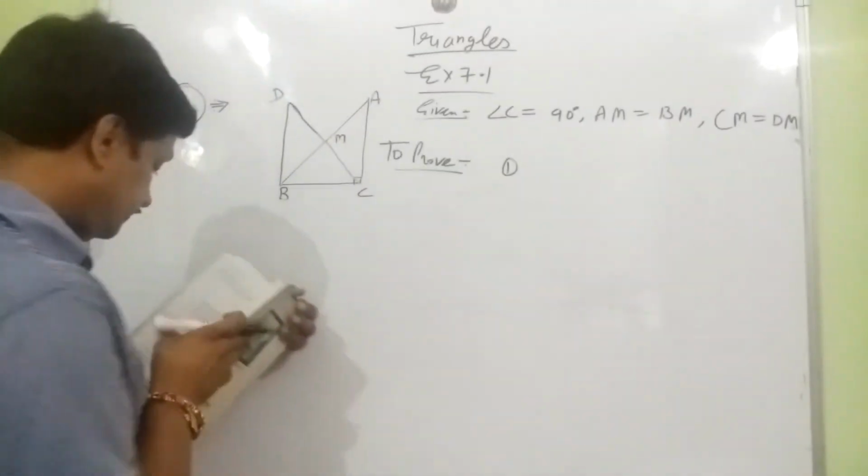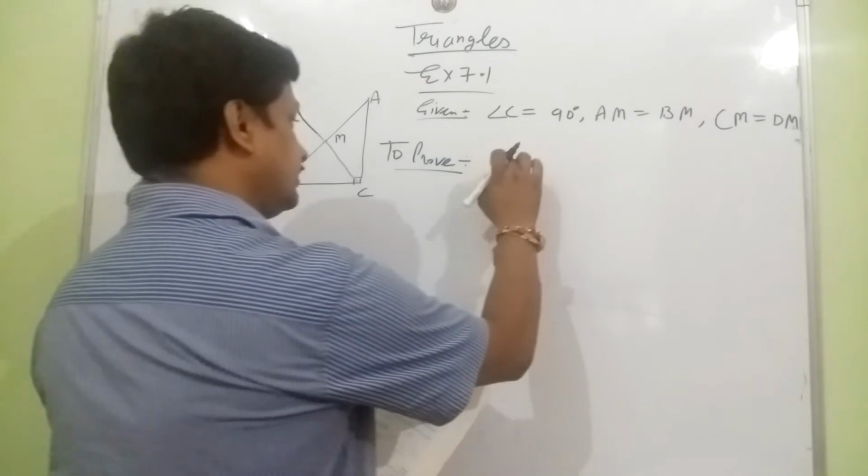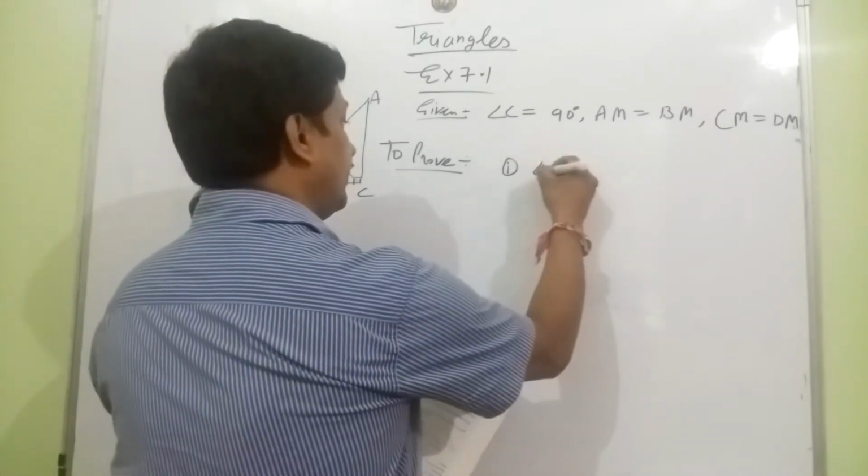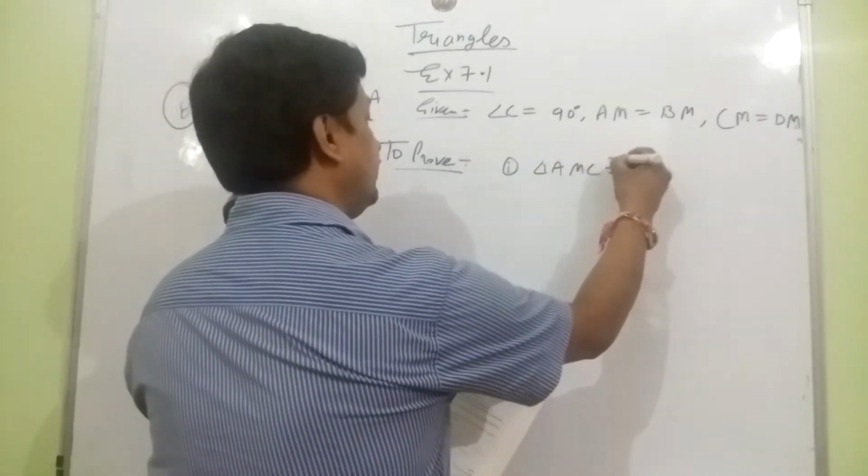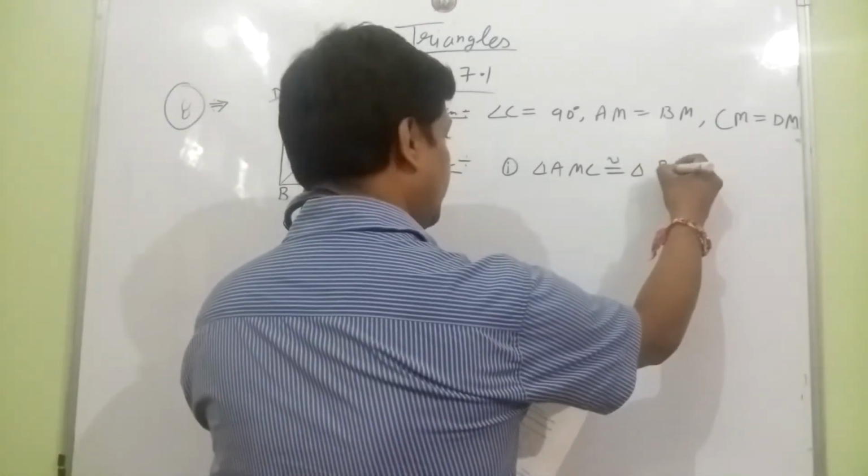Now the proof. What is to prove? First thing is triangle AMC is congruent to triangle BMD.